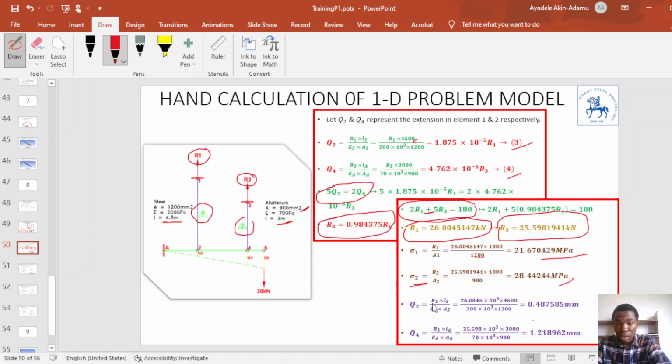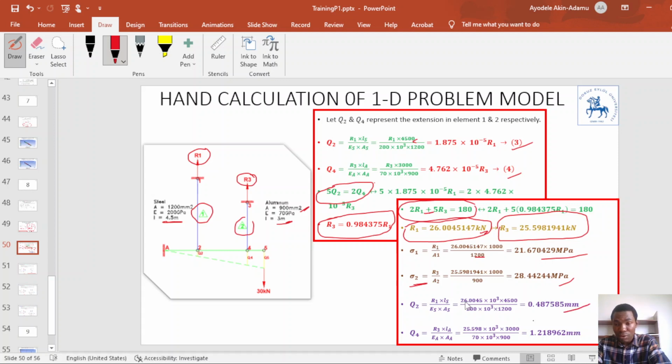If you substitute R1, which is 26.00 times 10 to the power 3 Newton, you have to convert it to Newton, remember, this is in kilonewton, multiplied by the length of the finite element, 4,500, divided by E, which is 200 gigapascal, divided by 1,200, the cross-sectional area of the steel.